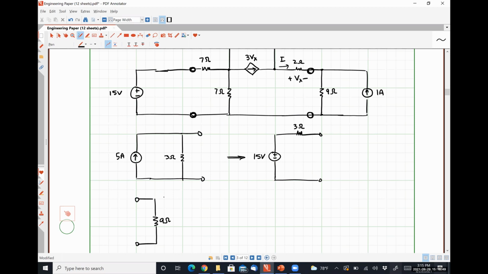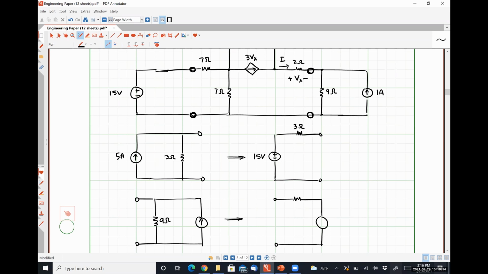Nine ohms. 1 amp. And I'm going to transform this into a resistor in series with a voltage source.